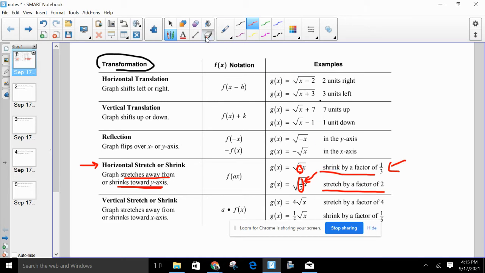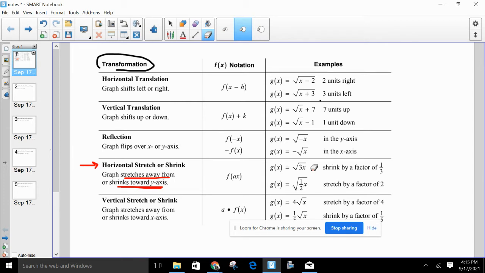So the way to memorize it is, if it's a whole number, take that whole number and make it into a fraction with 1 on top in the numerator. So if this was a 4x, imagine it being a 4, then it'd be a shrink by a factor of 1/4. If this says 1/4 x, this would be a stretch by a factor of 4. So it's like the opposite. You take the reciprocal, just reciprocate. That's basically what you do.